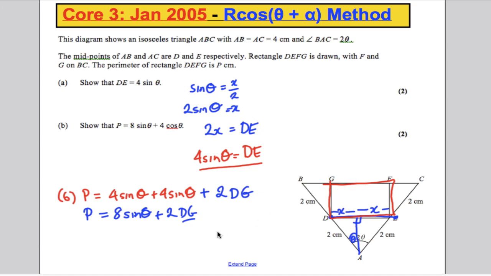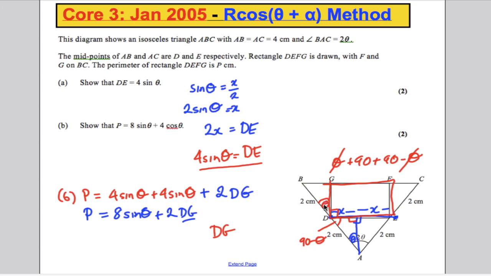Let's do a bit of working here. DG, if I know that's theta there, and that's 90, this angle here must be 90 subtract theta. Because that's 90, this angle there must be theta as well, because theta plus 90 minus theta, they're all in a straight line, they have to be 180.